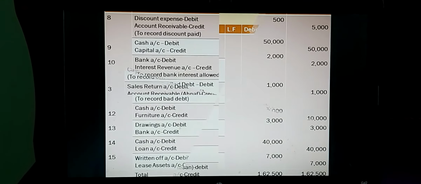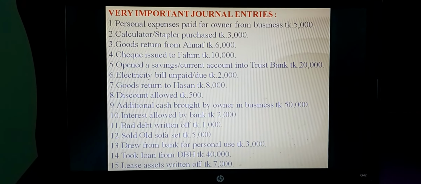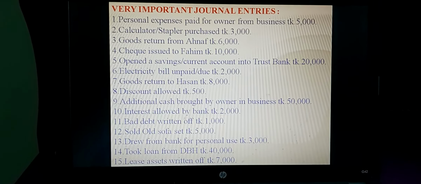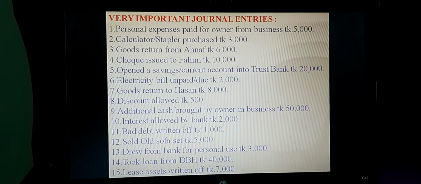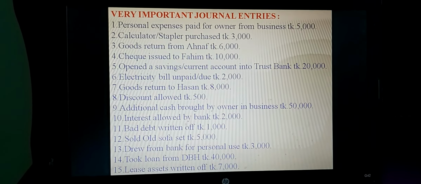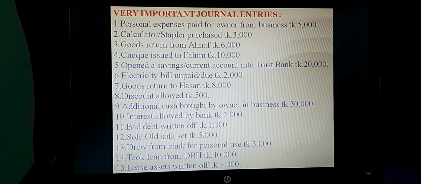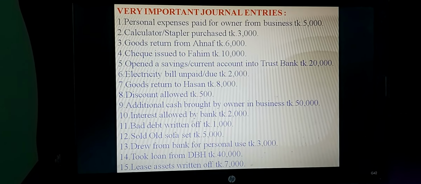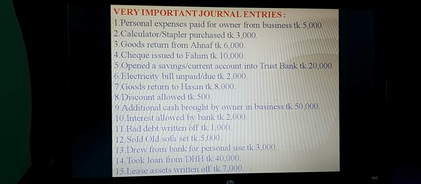Okay, please go back to the question. 13, due from bank for personal use. Again, personal use. Who is this person? It's 100% owner or proprietor. When proprietor or owner has taken or withdrawn from business or from bank, then it is related to drawings.